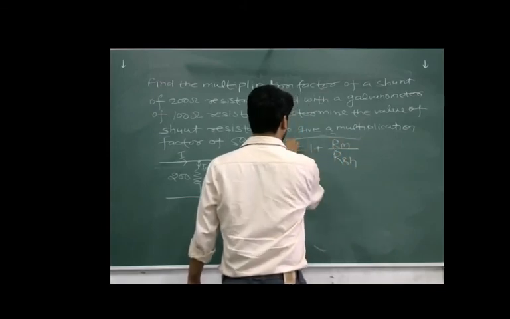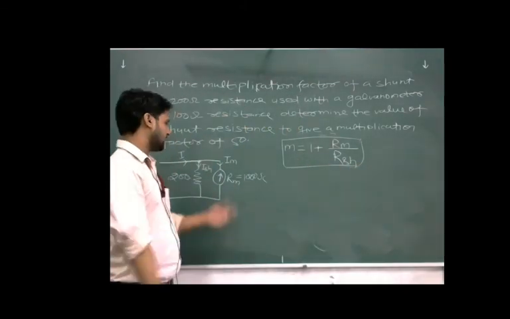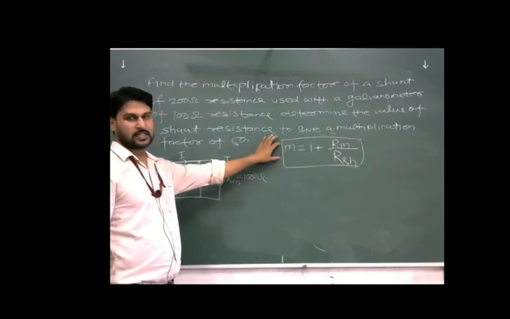This is derived from the formula, a direct relation between these two resistances and the multiplication factor. This is the direct relation.